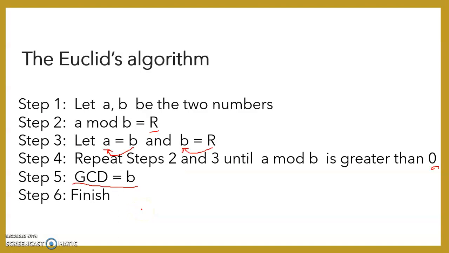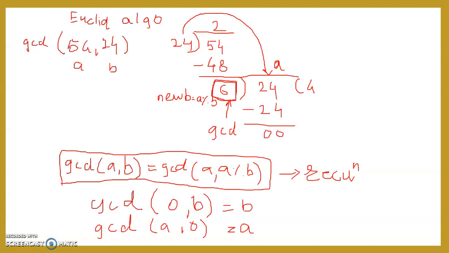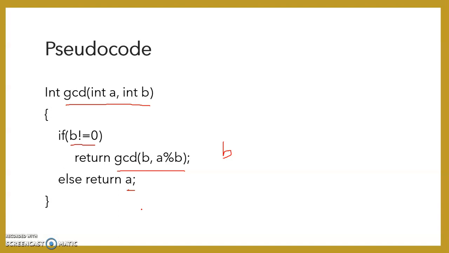So the same thing I have shown you here, and for that, this is the pseudocode. So this is all about the GCD of two numbers.